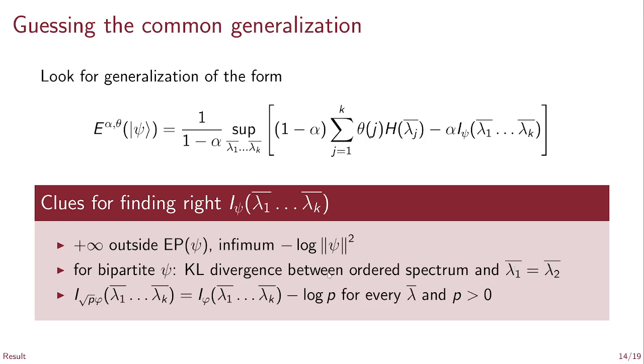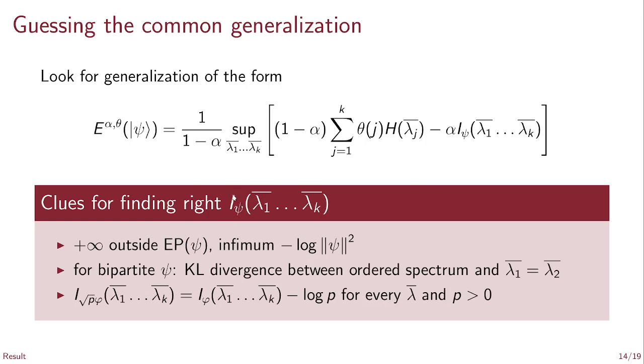In that case, the entanglement polytope consists of pairs of probability distributions that are equal to each other. So that's why this equality is here. And there's also a scaling property that's required to get the right behavior in the end.